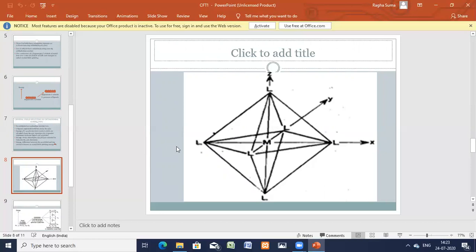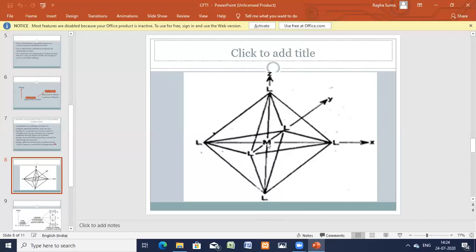To see here very clearly, the ligands are in the direction of the axis. This ligand along x, this ligand along y, this ligand along x, this ligand along y, this ligand along z. I hope you have understood clearly.